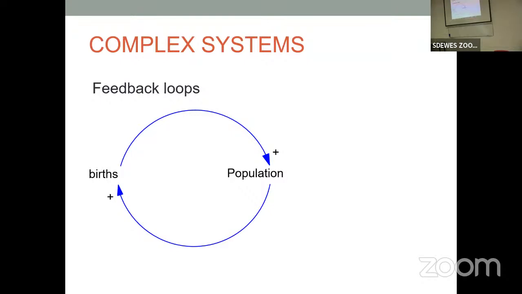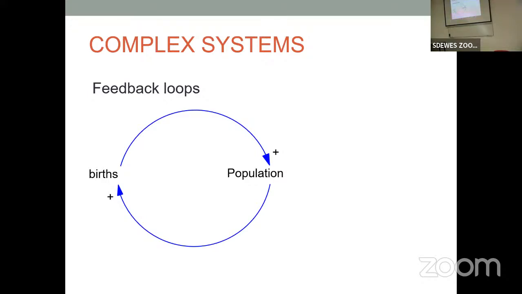So this is a clear thing to work with, and this is the way we represent this kind of relation in system dynamics. It means that if we have more birds, we will have more population. But also, if we have more population, we probably have more birds. More birds, more population, more birds, and so on. So this is a very clear feedback.